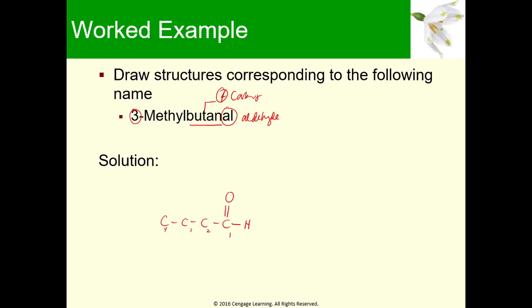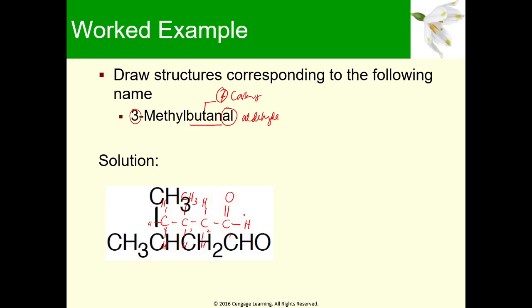At carbon position number 3, you have a methyl group, so this one is a CH3. You just add the remaining substituents. This one is carbon number 1, hindi yan bond. Lagay natin siya. We have your CH3, CH, CH2, C double bond O, H.